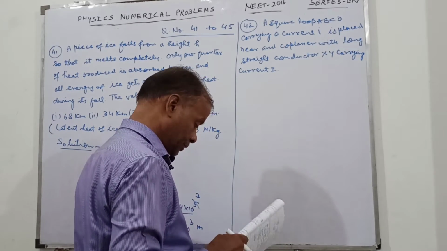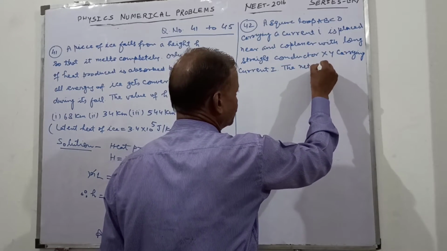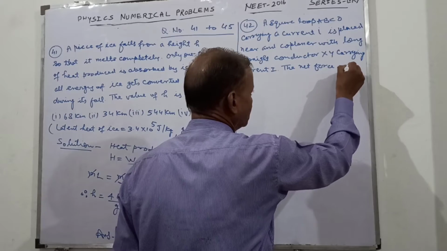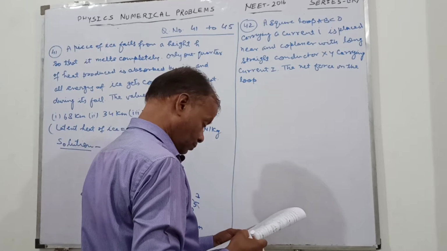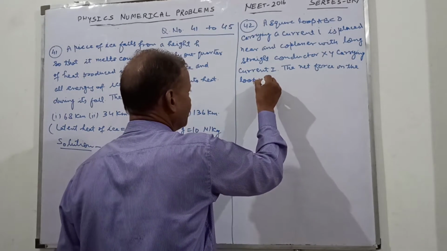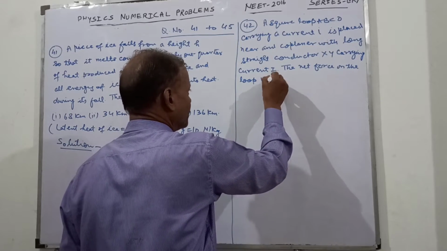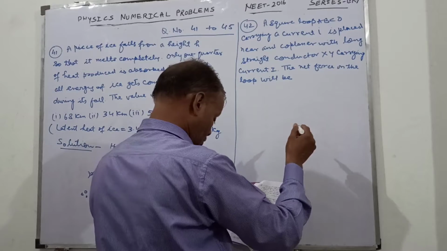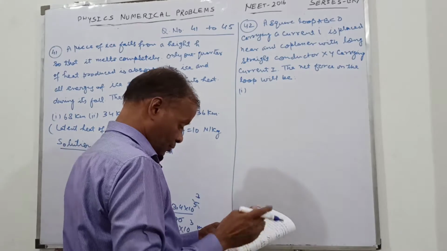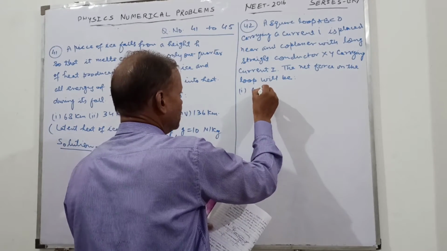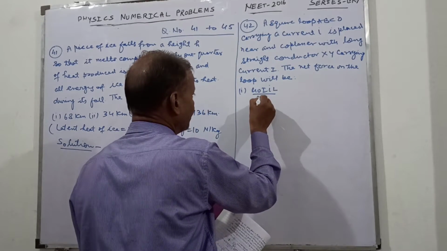The net force on the loop will be, now the options. First option is mu naught I I L upon 2 pi.